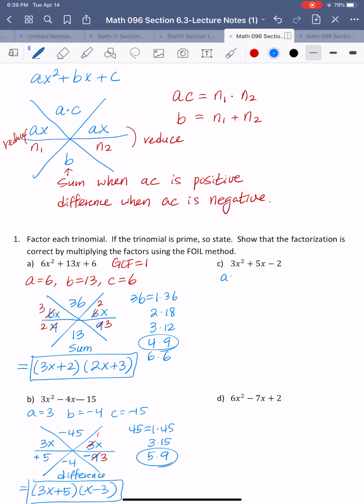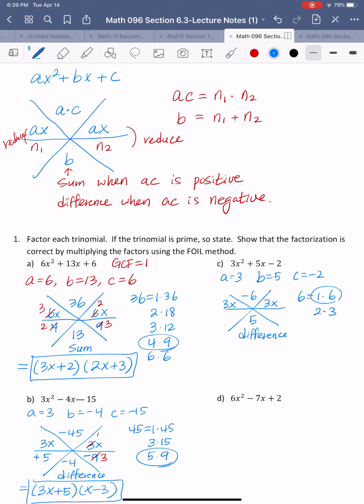Same here too. A is 3, b is 5, and c is negative 2. So x factor: a times c is negative 6, and 5, and then 3x and 3x. The 5 is a difference right now because the negative 6 is negative. So we are looking for numbers from 6: 1 times 6 and 2 times 3.